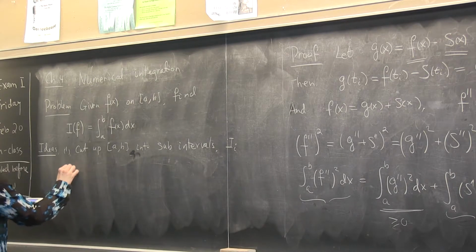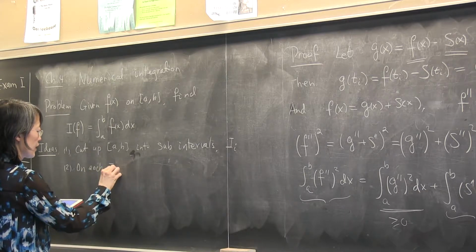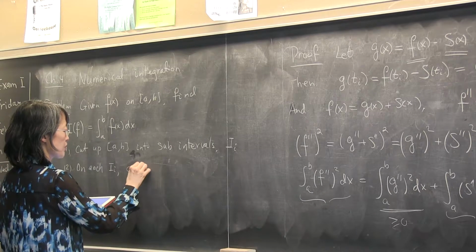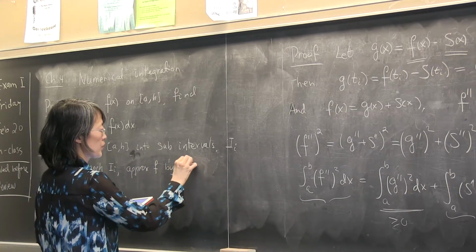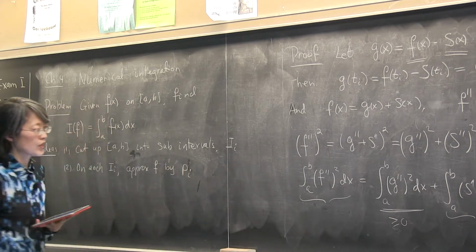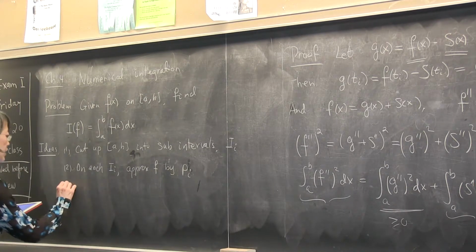Okay. And then on each subinterval, on each I, what do we do? We approximate f by some polynomial p_i. Let's put i as a subscript. p_i is some polynomial. What degree? Well, to be determined. It depends on the problem, depends on what you want.